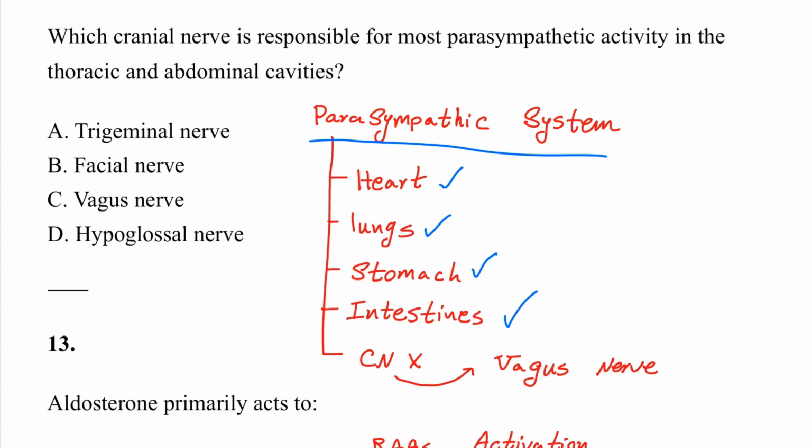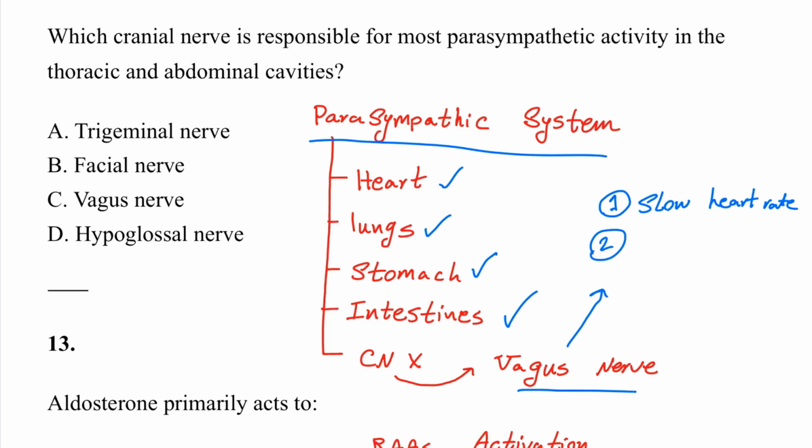This nerve is called the vagus nerve. It slows heart rate, stimulates digestion, and regulates many autonomic functions. So, I will write for you. One, slows heart rate, vagus nerve.